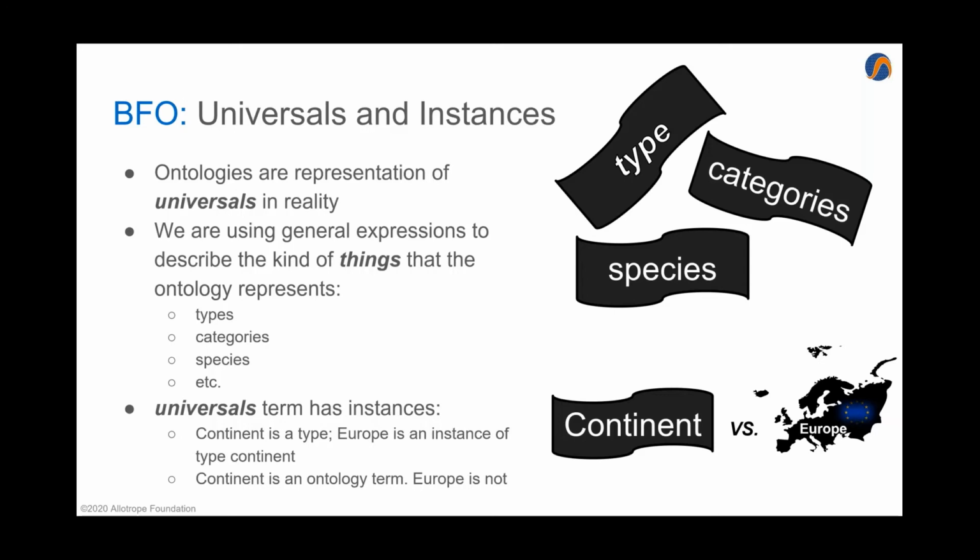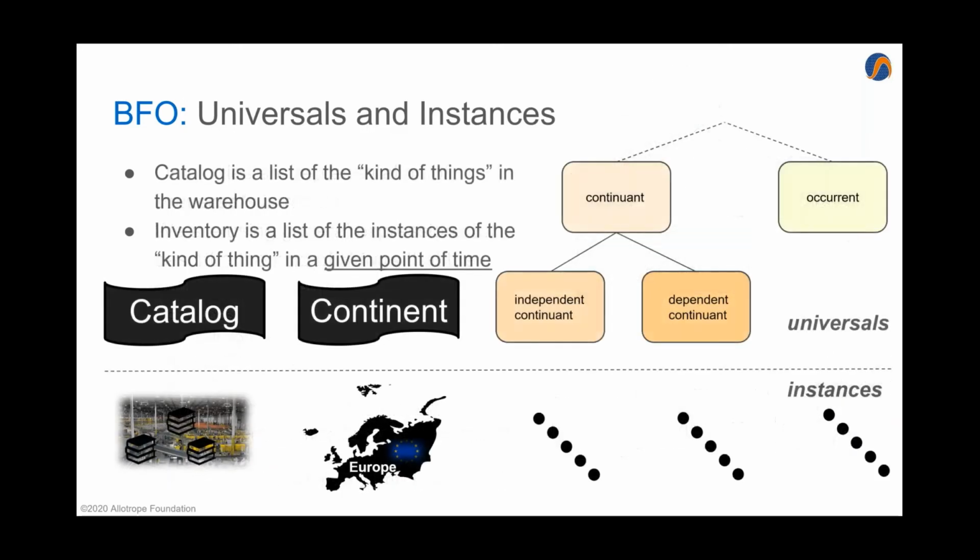Europe is just the instance and not a universal. The same goes with a catalog. A catalog is a kind of thing. It's a universal, a category in the warehouse, while the inventory is a list of instances of the kind of things at a given point in time. That's the instance.